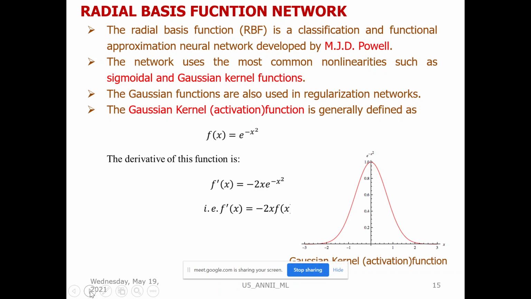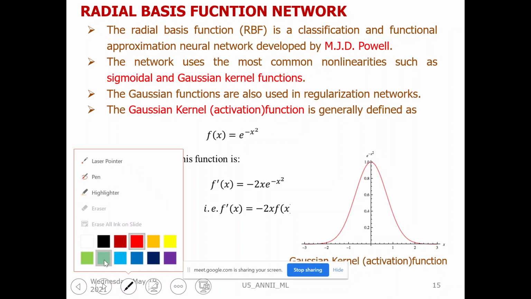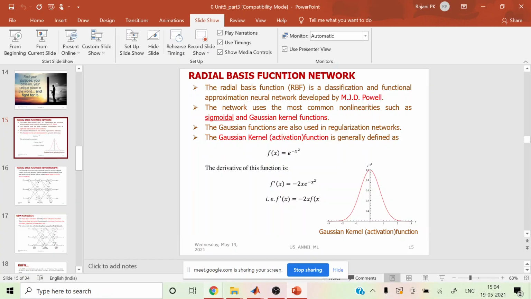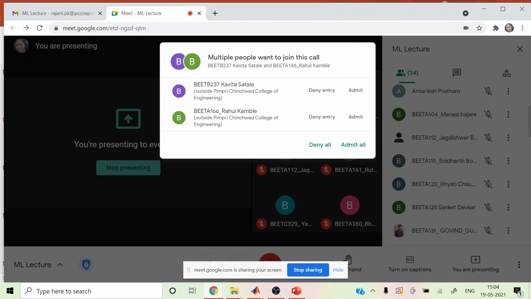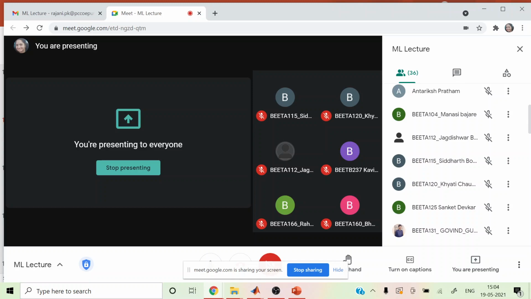In yesterday's class we were discussing radial basis function. That is the last topic from this unit, which is nothing but the RBF network, the radial basis function network. We have already used this RBF in SVM.